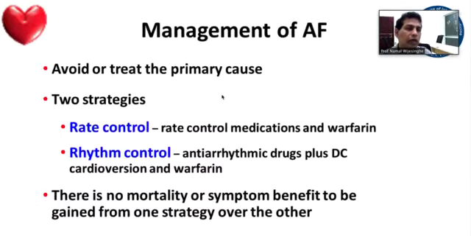Young people and people who are symptomatic even after proper control of rate, we go for a rhythm control strategy. But the issue is we have to give antiarrhythmic medication, and those medications can cause a lot of side effects, including arrhythmias.